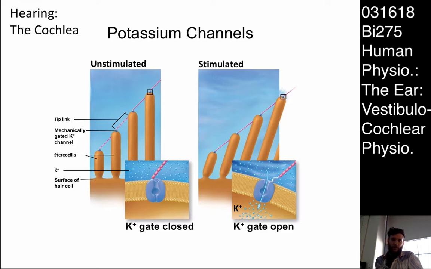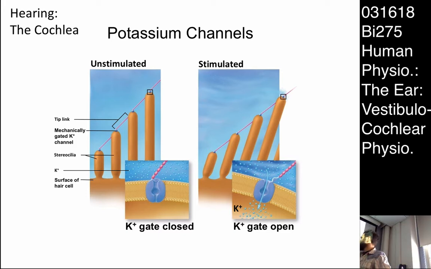And the gate of the potassium channel has a linker protein that connects to the next stereocilia up the chain. Have I said the word stereocilia yet? So stereocilia is the actual name for these hairs. Stereo meaning they're cilia that have a spatial orientation about them. If a stereocilium bends one direction, you're going to have a different response than if it bends in the opposite direction.